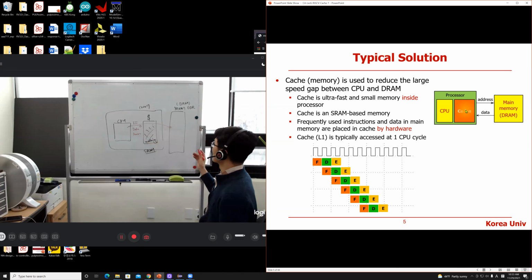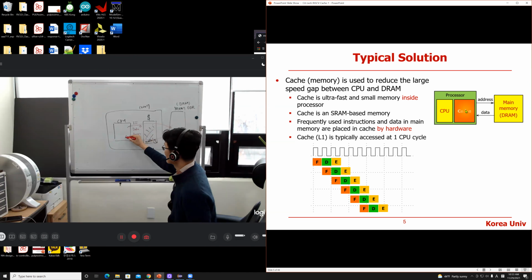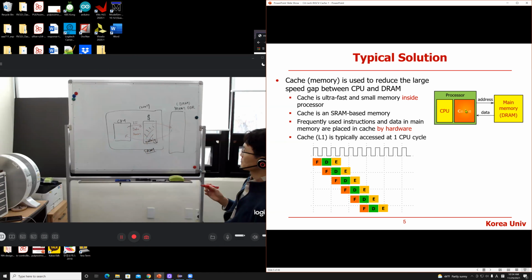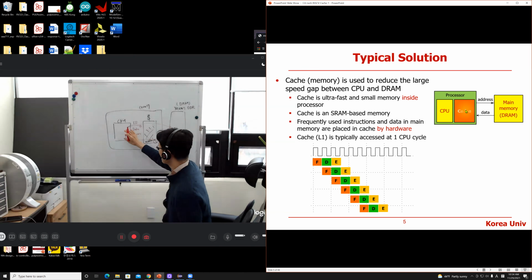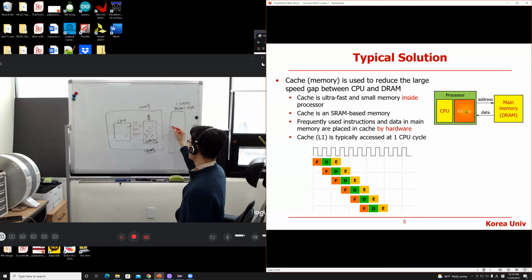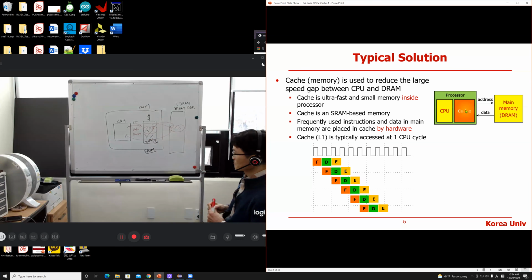So main memory will provide that information to the CPU. But when memory provides that information to the CPU, cache will store that information inside the cache.